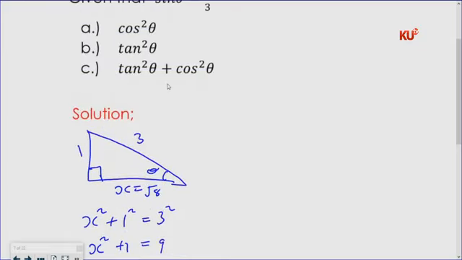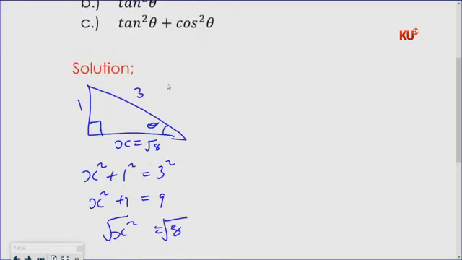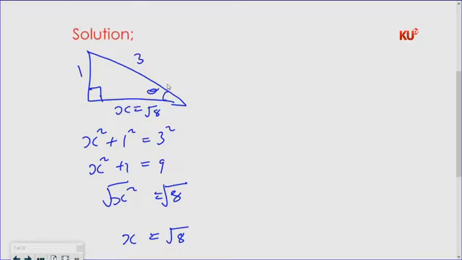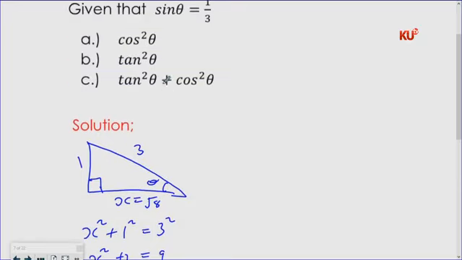So if you go back to the question they were asking us, we get cos squared theta. We can have our part A, which is cos squared theta. Let's first of all deal with cos theta, because we know cos is equal to adjacent over hypotenuse.